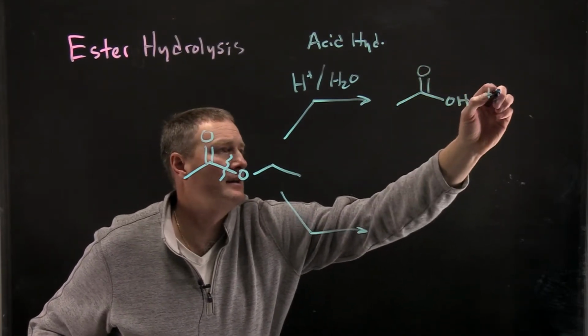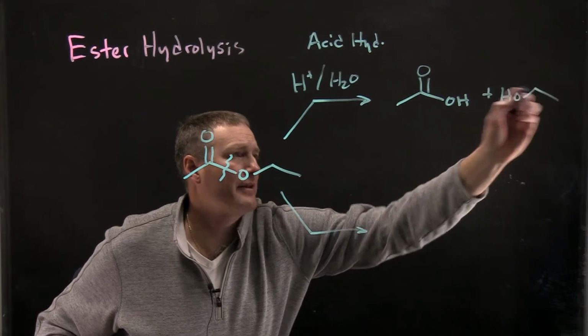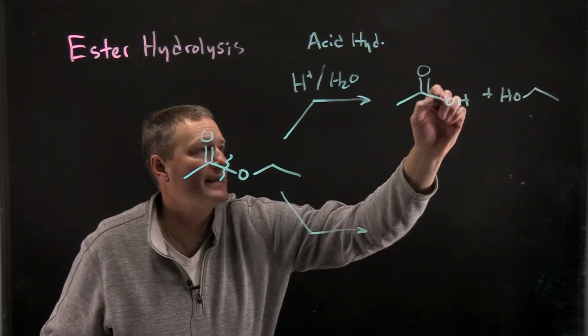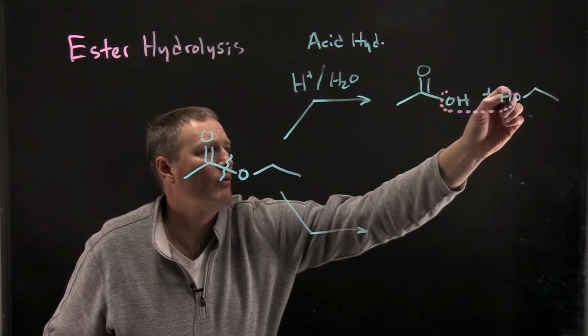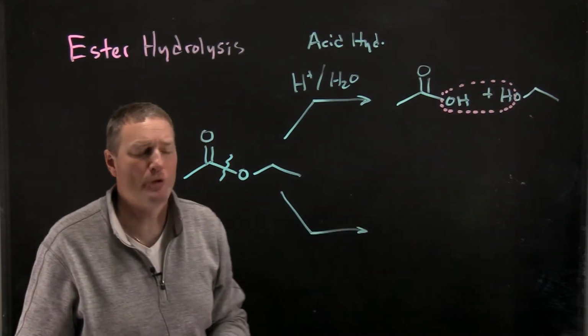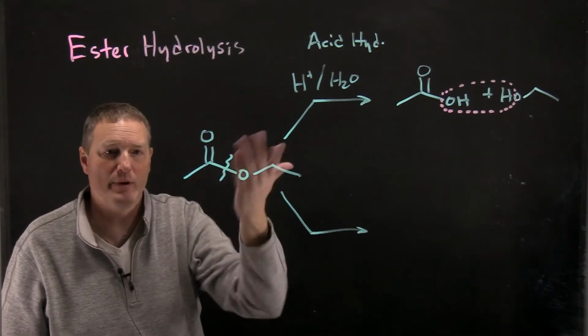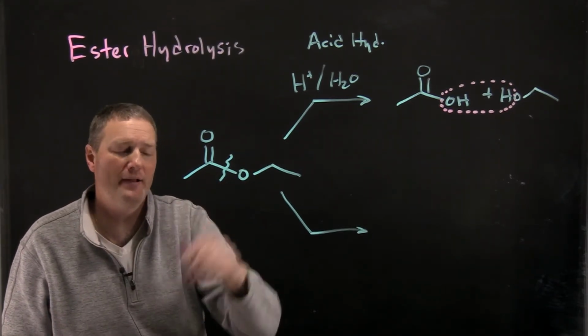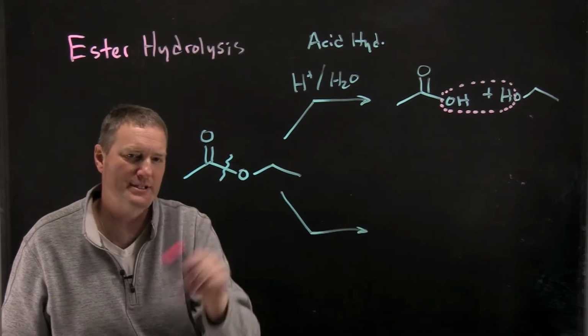acetic acid and ethanol. Notice now that what we have, we've added water to our original ester. That's why it's called a hydrolysis reaction. So the hydrolysis of this compound, by the way, let's just name this compound.